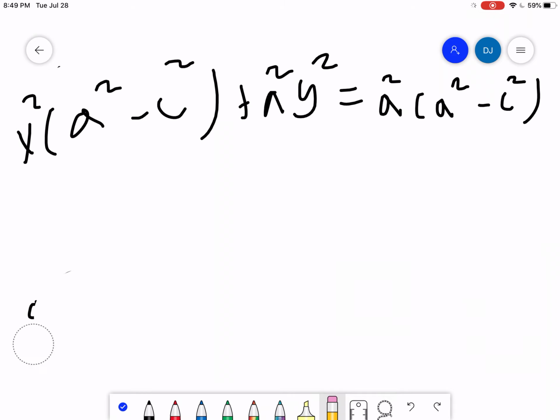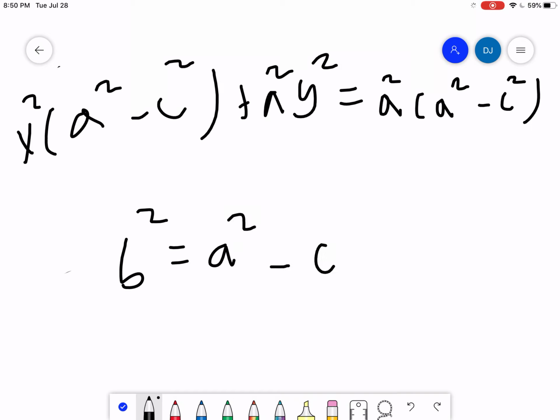Now, in the last video, we proved the relationship that b squared is equal to a squared minus c squared, or essentially that a squared is equal to c squared plus b squared.